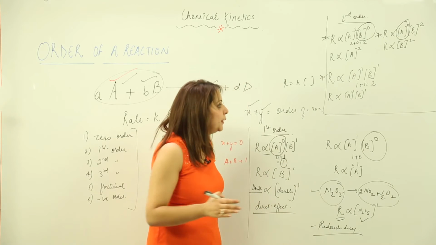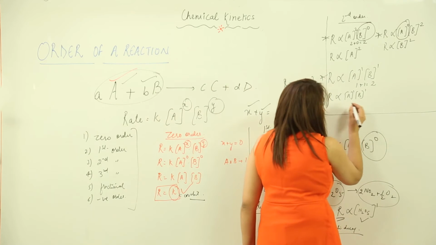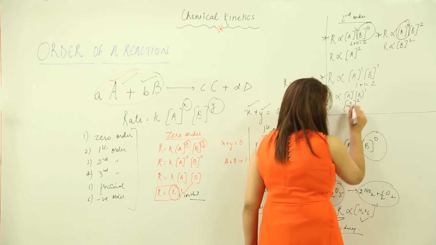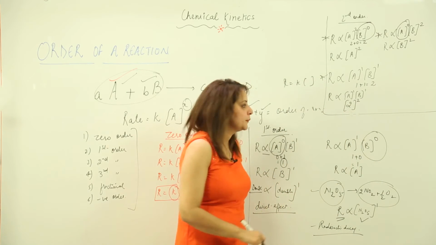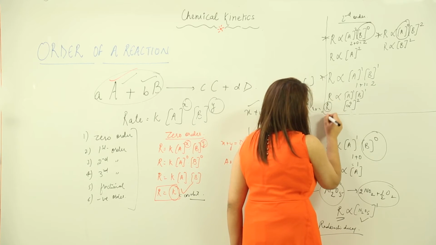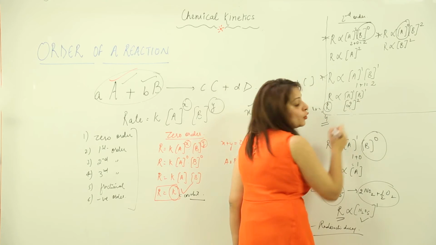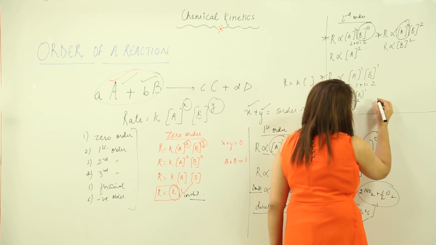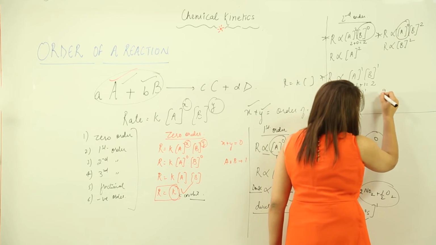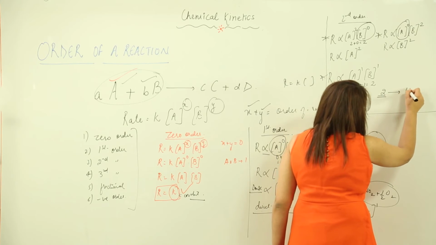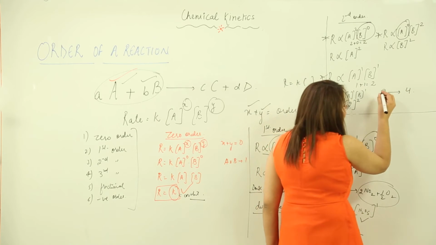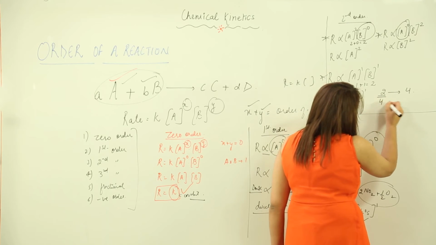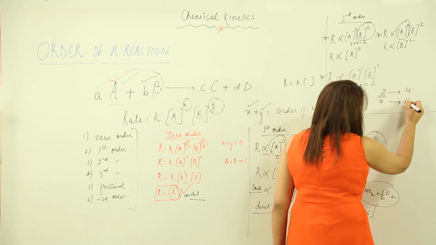It means the same, that if I make the concentration 2 times, obviously the rate is going to increase by 4 times, because 2 into 2 is 4. If I increase the concentration by 4 times, obviously the rate is going to increase by 16 times.